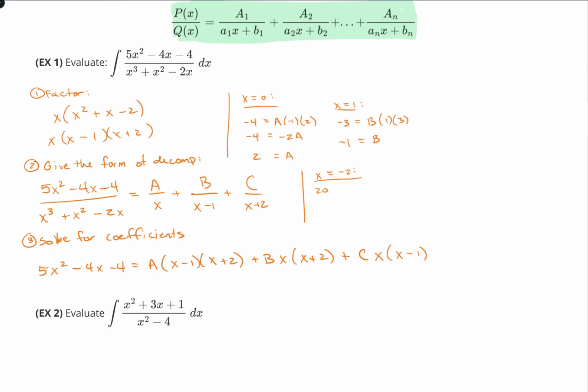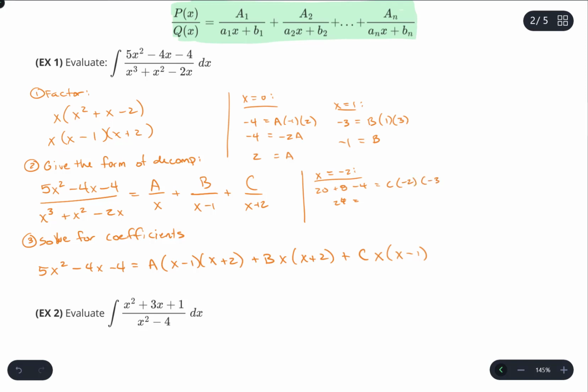Then that would be plus 8 and minus 4, so that will all become 24. And let's see, this term will go to 0, that term goes to 0, and then I have c times negative 2 times negative 3, so 6c, so c equals 24 over 6, which is 4.